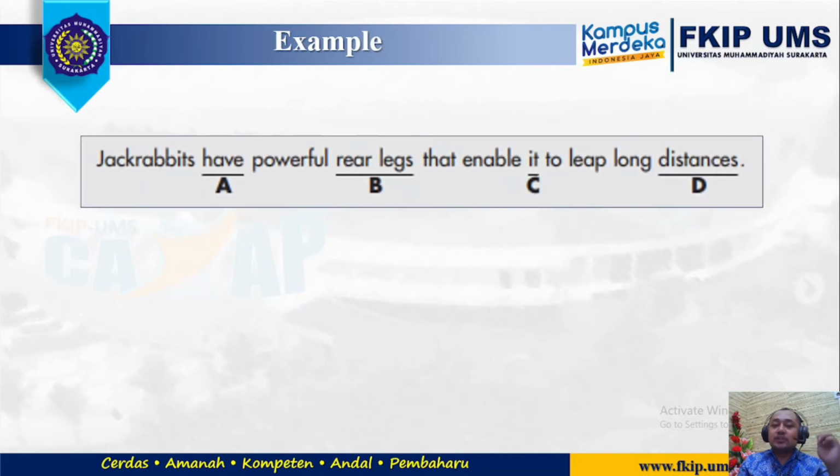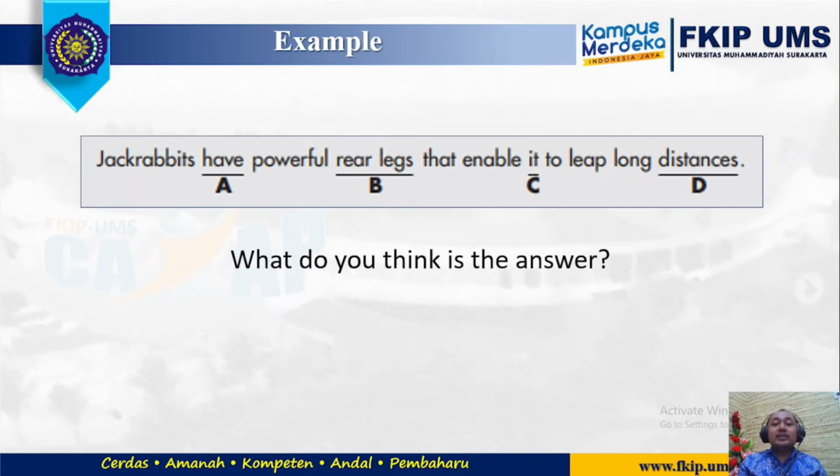Now let's go to examples of the use of pronouns and noun clauses in TOEFL questions. Like this one: Jack rabbits have powerful rear legs that enable it to leap long distances. What we need to do is analyze the sentence to see whether A, B, C, or D is the incorrect one, right?